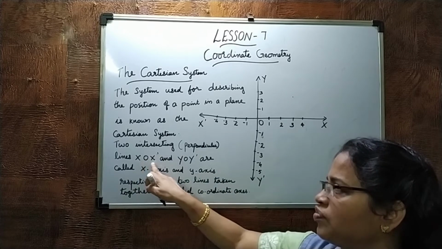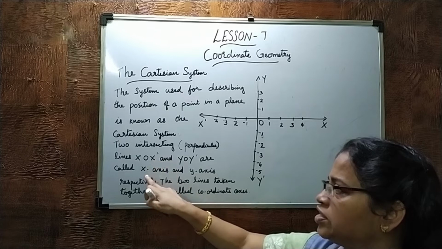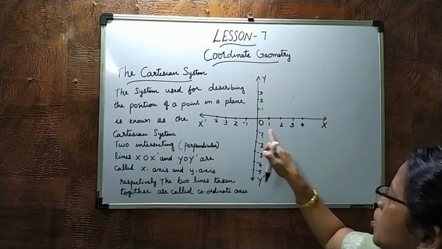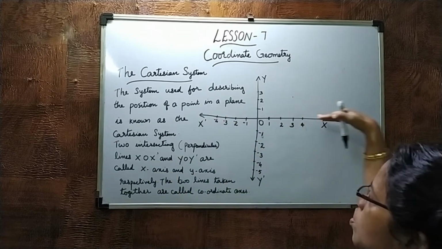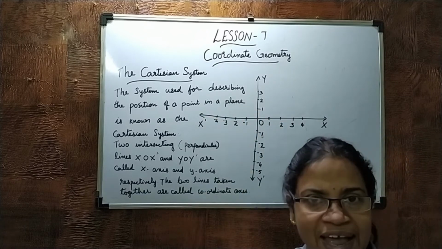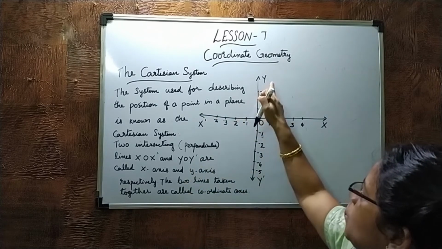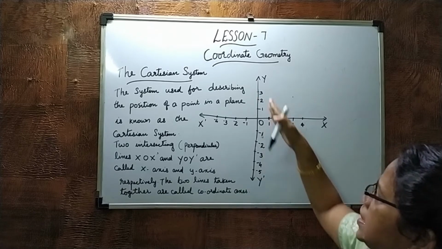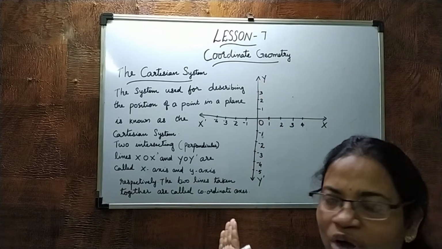That means XOX' is called x axis. This horizontal line is called x axis, and YOY', this vertical line is called y axis.